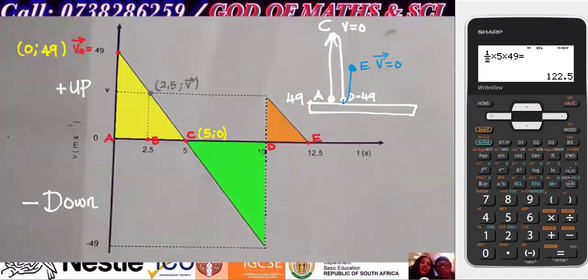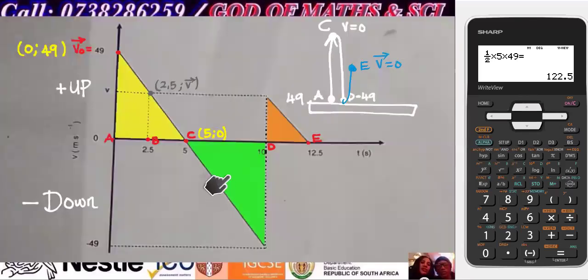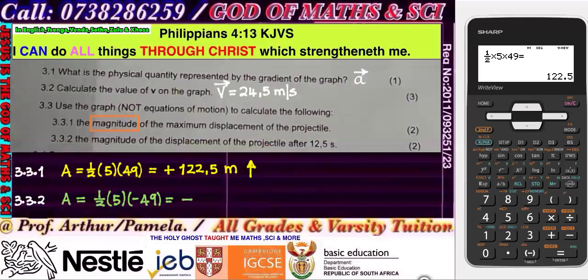Now look at the height, or the depth, from here to there is negative 49. So I'm going to put it as negative 49. Remember, this is for the displacement. Displacement can be negative. So I already know the answer must be negative because the green is under the x-axis. If you look at this and that one, it's the same answer as that one, numerically.